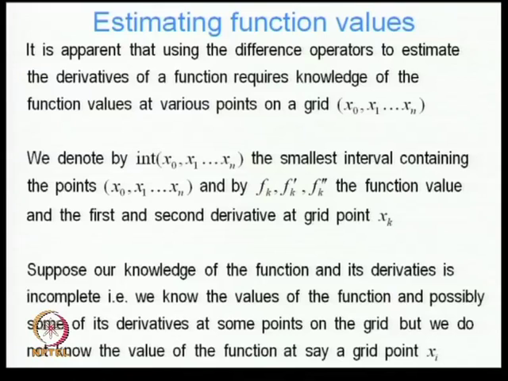That is, we know the values of the function and possibly some of its derivatives at some points on the grid, but we do not know the value of the function say at some other point in the grid, say at point xi. And it turns out that for a certain difference formula that I have to use to approximate my derivative, I need the function value at xi.